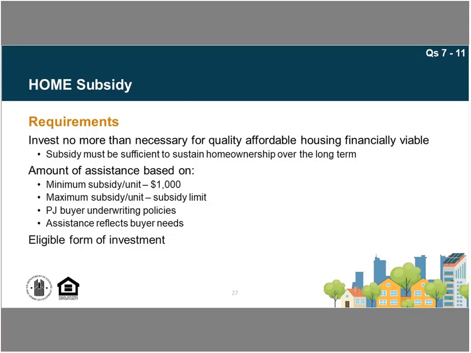I assume most of you in the programs I've seen are doing some sort of non-amortizing or interest-free or deferred loan, although some of you do actually amortize, and all those things are permissible. But whatever method you use, whatever form of investment you use, you want to make certain it's permitted by the rule or has been explicitly approved by HUD.